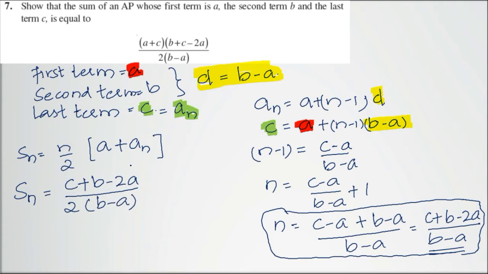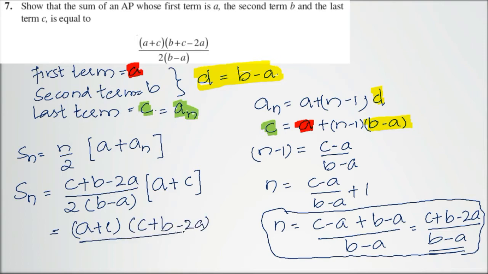This value till here is n divided by 2. Multiply to, the first term is a and the last term is c. So we got the result as a plus c multiplied to c plus b minus 2a upon 2 times b minus a. This is what we were supposed to prove.